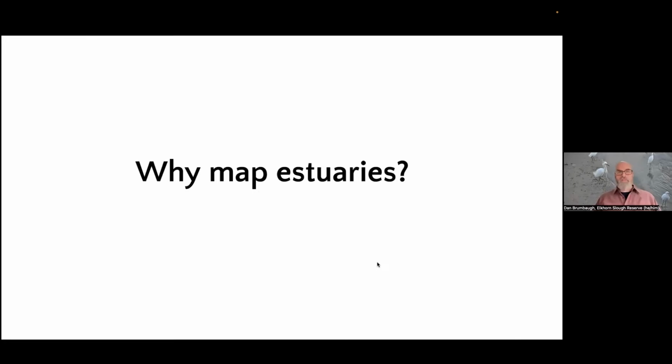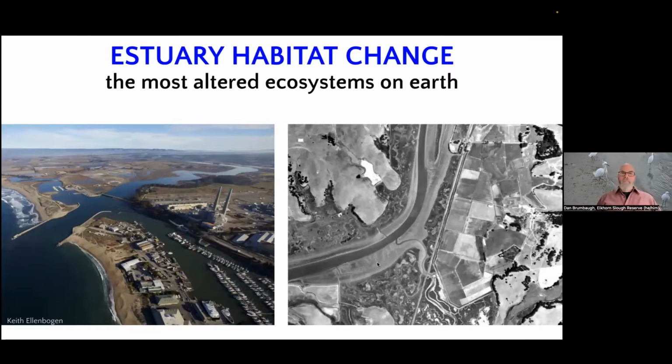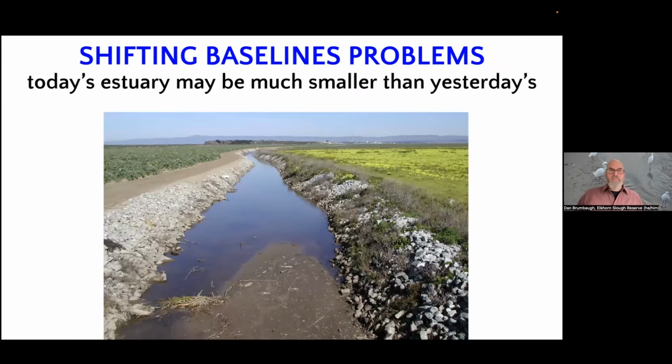So why map estuaries? One is they are among the most impacted major ecosystem types on Earth in terms of loss and degradation. Sometimes so much has been lost or degraded that it's very difficult to recognize what estuaries are or were. For example, this appears to be an agricultural ditch, but was part of the original estuary near Elkhorn Slough.